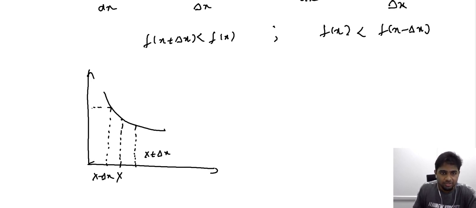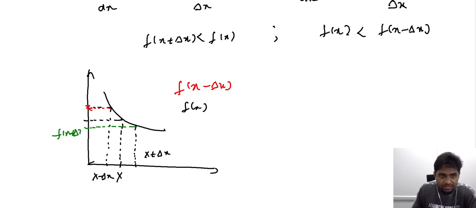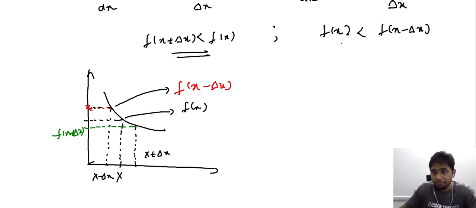Let us use red: the free energy of x minus delta x is here, the free energy of f of x is here, and finally the free energy of x plus delta x is here. And what we observe is this relation: f of x plus delta x is less than f of x, and f of x is less than f of x minus delta x.